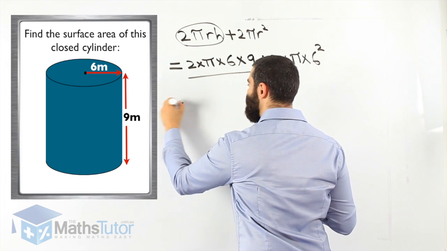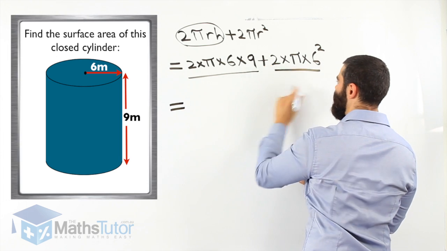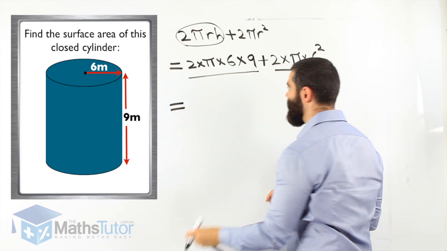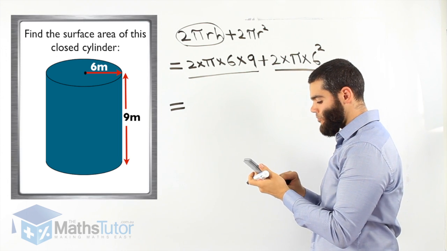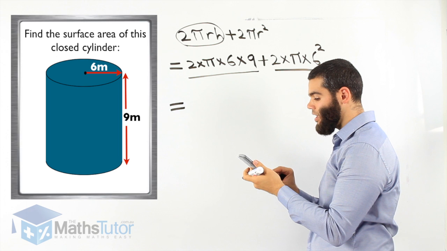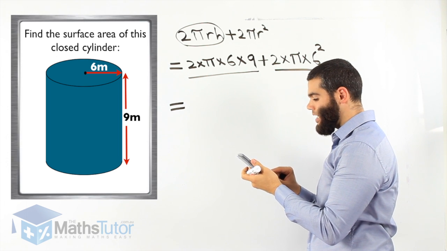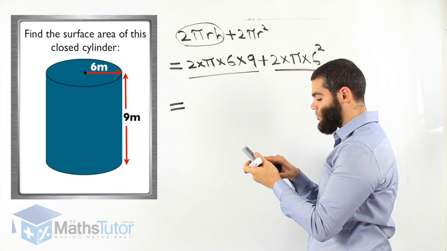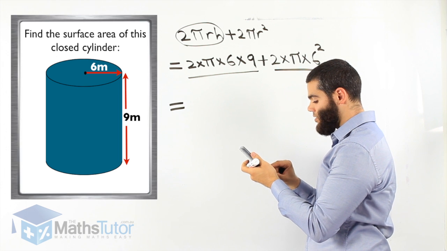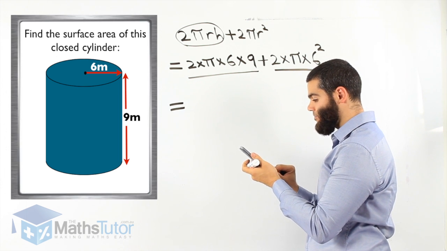Now, grab your calculator. We have the curved surface and the two circular ends. Let's do it with our calculator. 2 times pi times 6 times 9 plus 2 times pi times 6 squared.